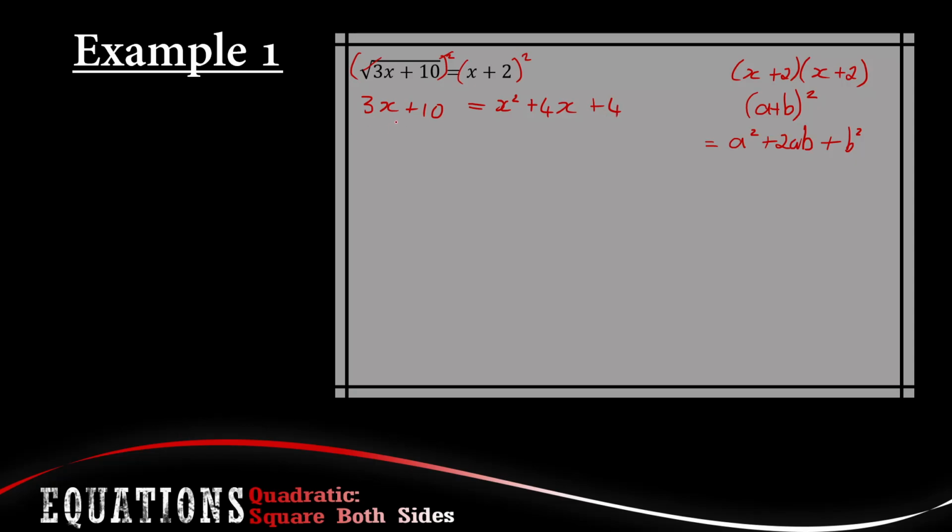Okay, now we can see that this equation contains an x squared, so it means it's a quadratic equation, which means we're taking each and every term to the left-hand side. So we're taking everything over, then 3x minus 4x plus 10 minus 4 equals 0. Okay, then just simplify that, minus x, and then plus 6 equals 0.